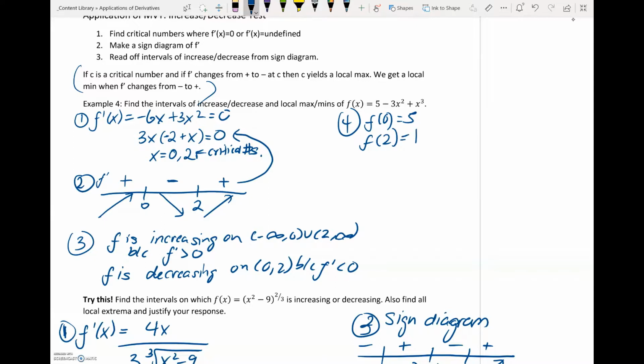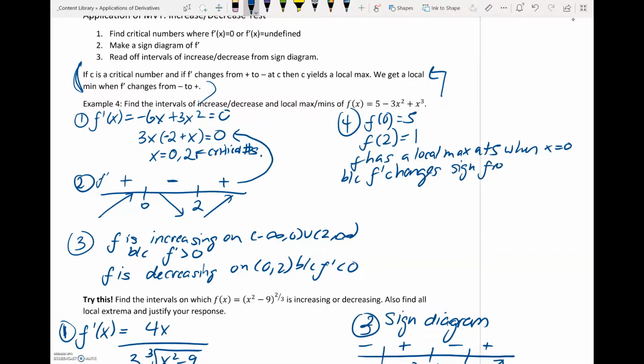So now we just need to state our final answer. So f has a local max at 5 when x is equal to 0, and we do need to explain why. We do have it right here. This is our explanation, but we still need to write it out. So this is because f prime changes sign from positive to negative.